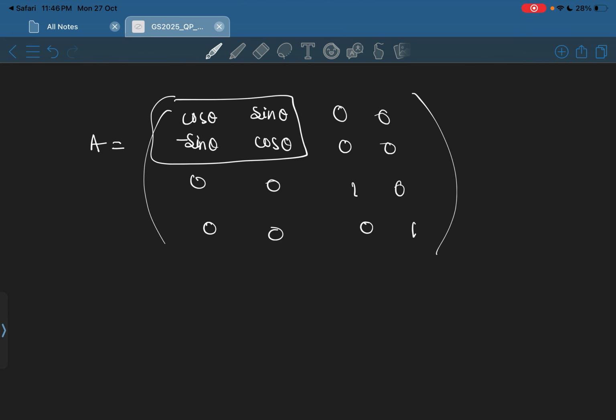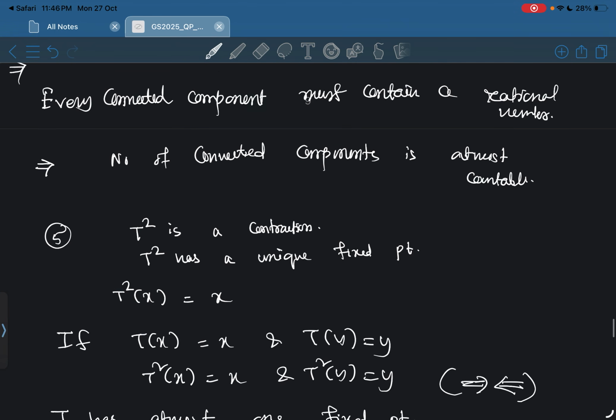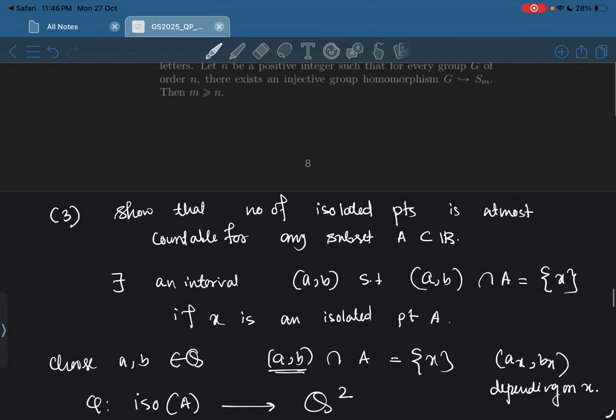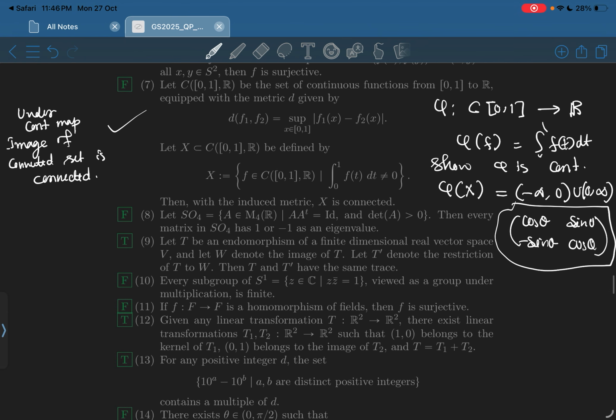That will automatically give you an eigenvalue of A also. This is an orthogonal matrix, and the determinant is positive, but the eigenvalues are not all minus 1 or 1, so that's why this is false.